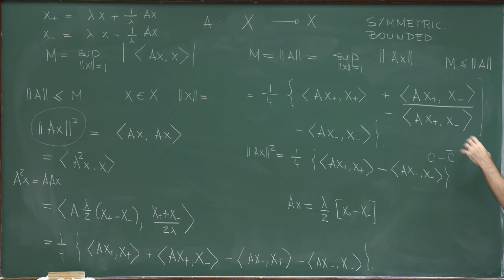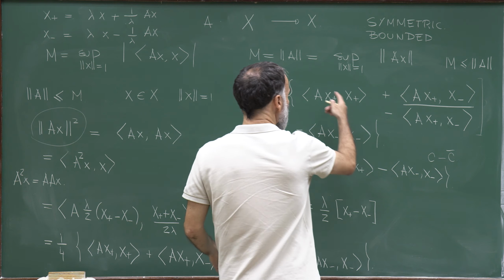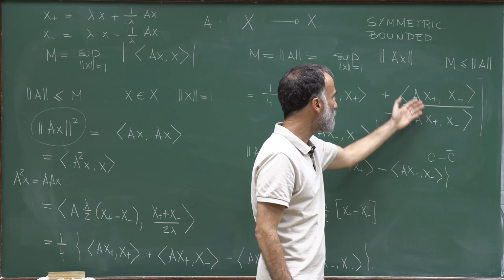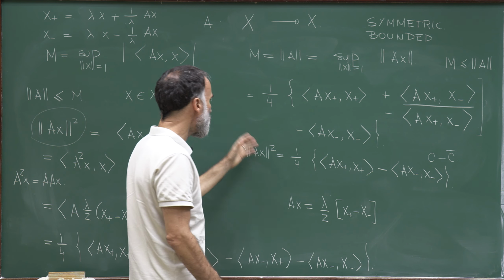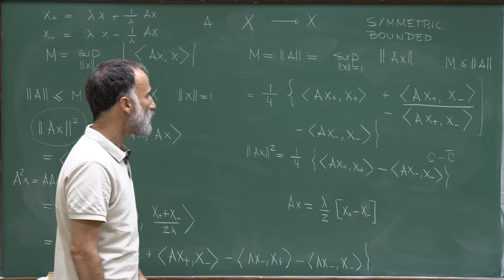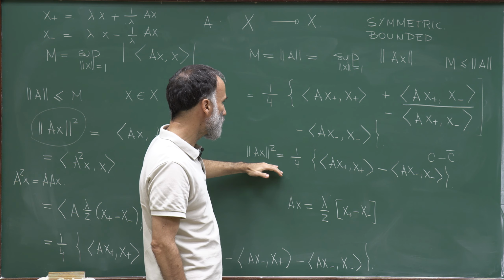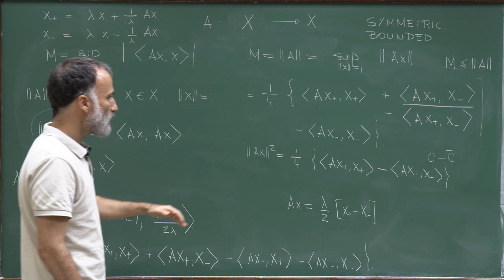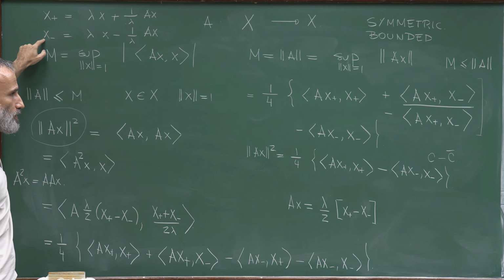So this difference gives me an imaginary number. Since all the others are real numbers, this number, whose real part is equal to 0, is actually equal to 0. So since this difference is equal to 0, I indeed have this identity. So up to now, I proved that identity where x plus and x minus are given by these expressions.